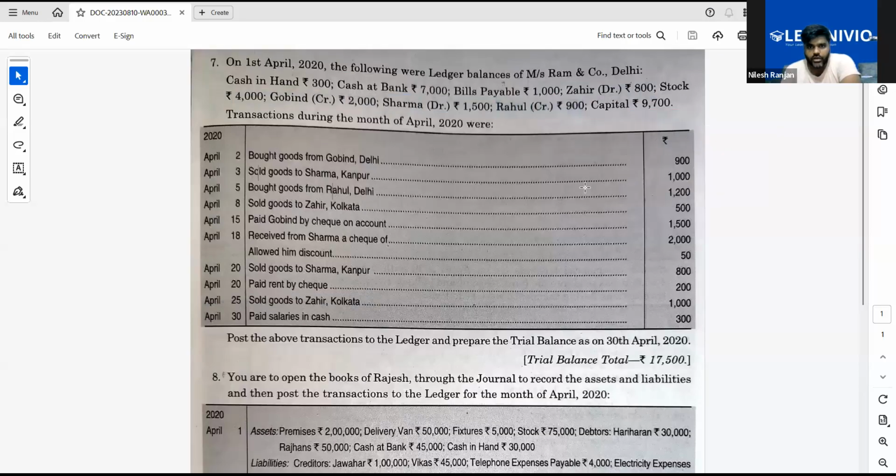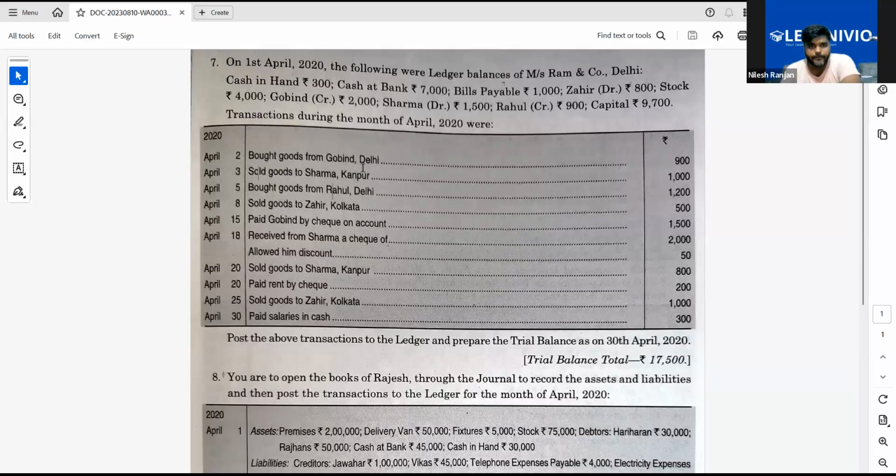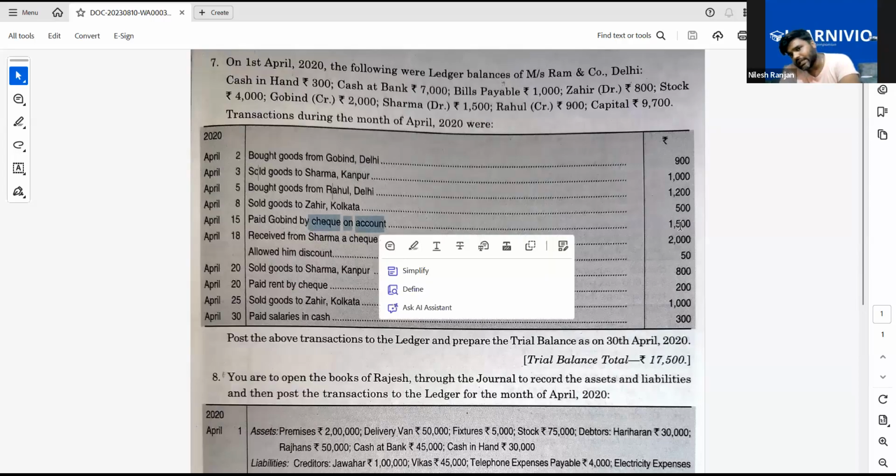We have purchased goods from Rahul 1,200, so 2,100. So Rahul 2,100 is also correct. Govind opening balance was 2,000 and bought goods 900, 2,900. Then paid Govind by check on account 1,500. So 2,900 minus 1,500, it will be 1,400. That is also correct. Sharma and Govind we have covered.